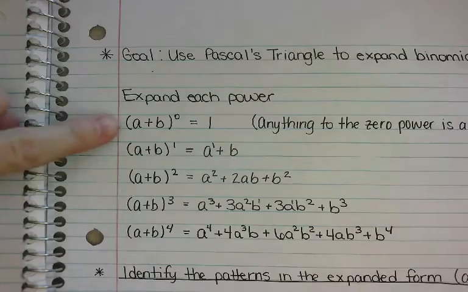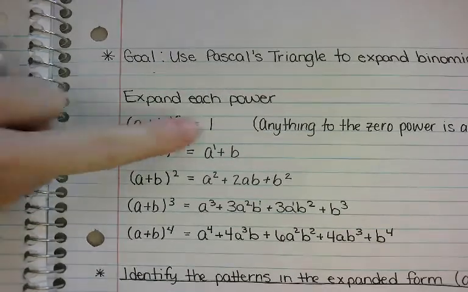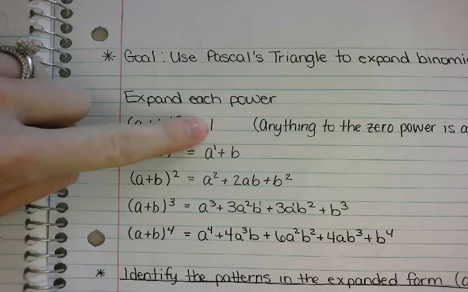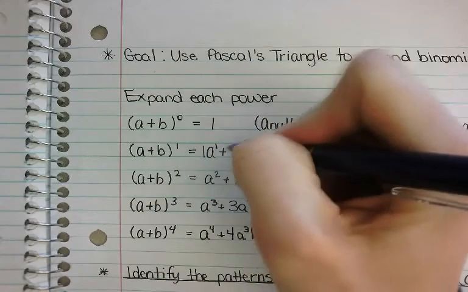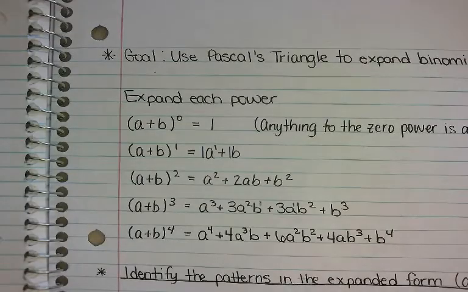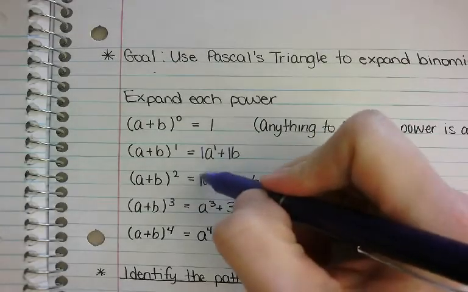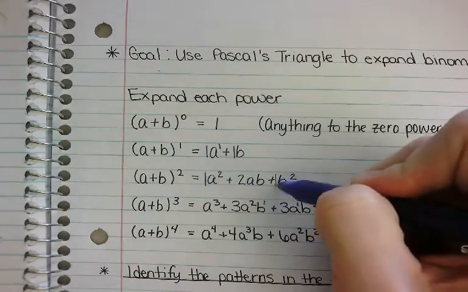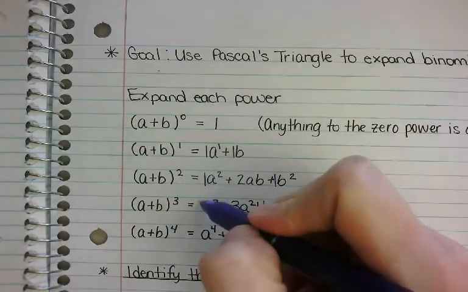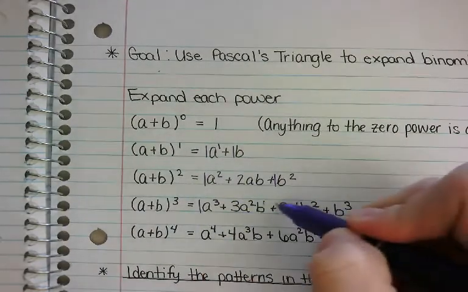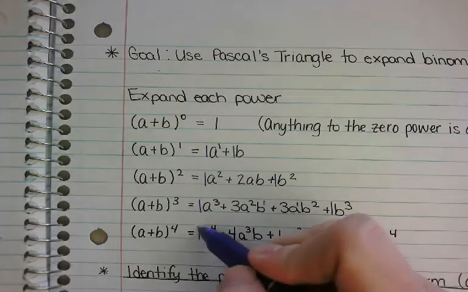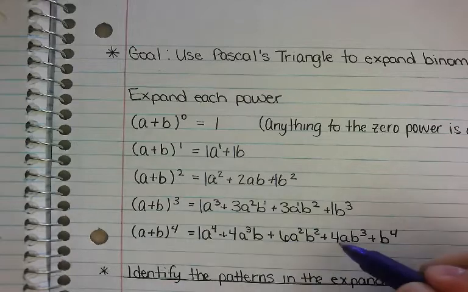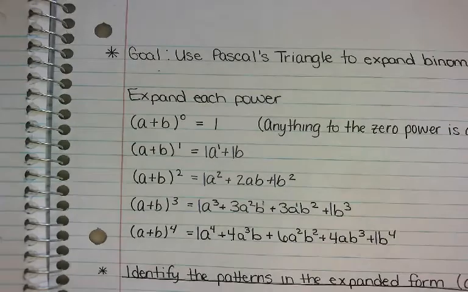If I take a look at this, here I have a 1. Here, look, I've got a 1 here and a 1 here. Then I have a 1, 2, 1. Here I have a 1, 3, 3, 1. Here I have a 1, 4, 6, 4, 1.